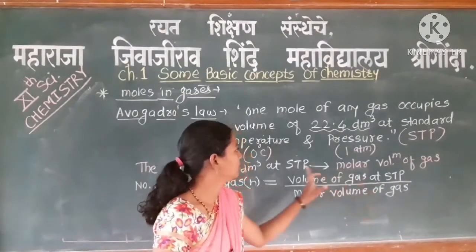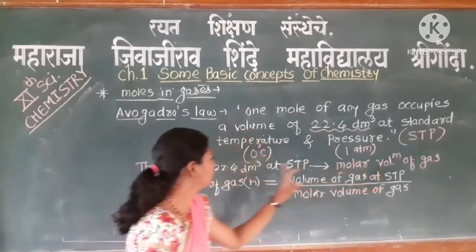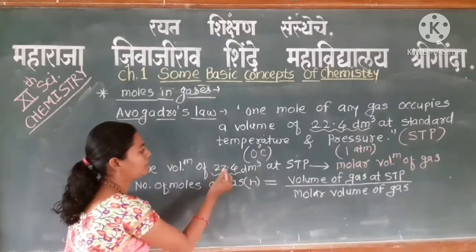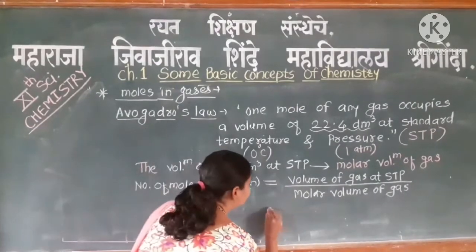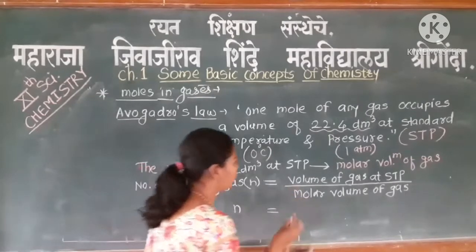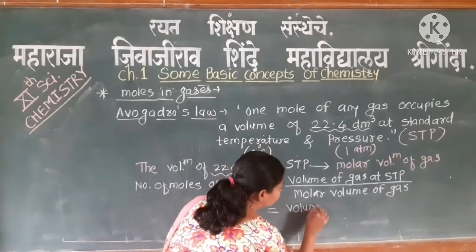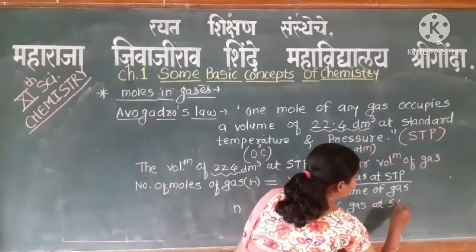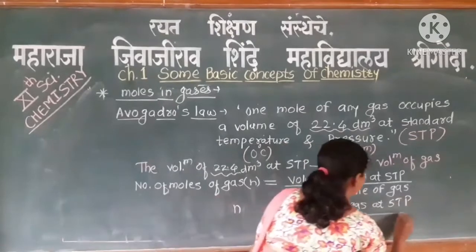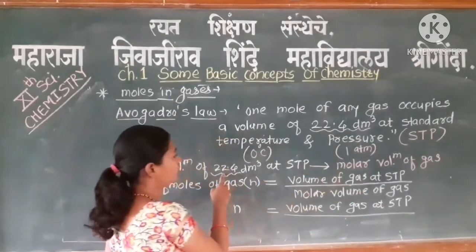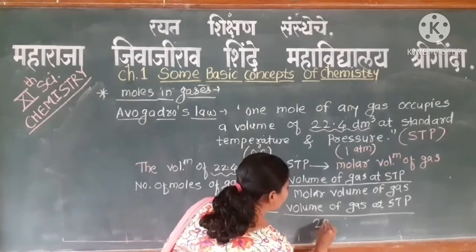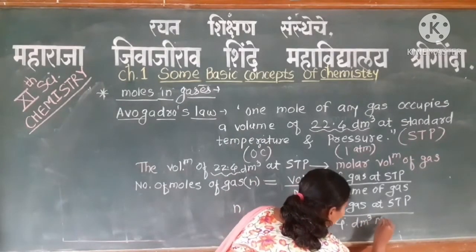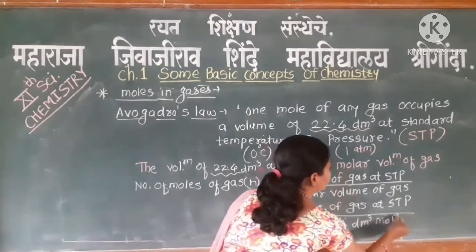The molar volume of gas is 22.4. Therefore we can write n is equal to volume of gas at STP divided by 22.4 decimeter cube mole inverse.